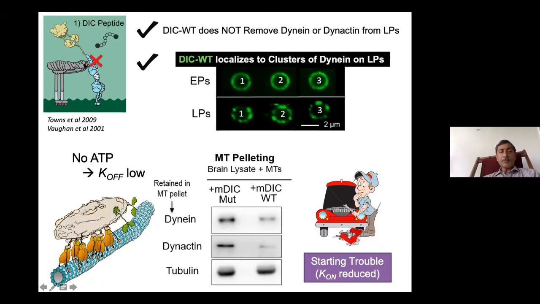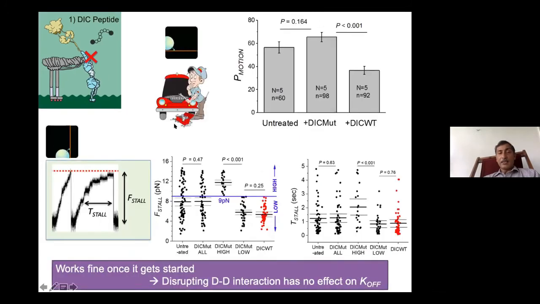K on is reduced when I disable this interaction. So how do we assay this further? To directly measure this in a more functional assay, we did the same experiment here, and you simply hold individual phagosomes in an optical trap and hold them over the microtubule and score whether a motion is detected or not in a given period of time, and we call that the probability of motion.